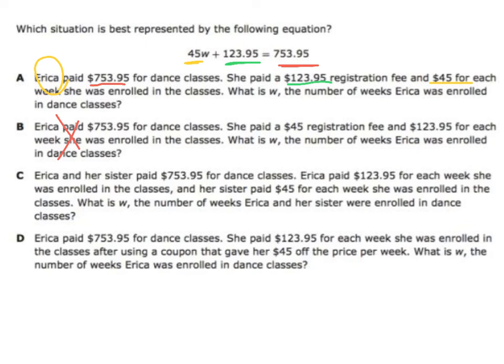She paid $123.95 each week. So that's, again, what you would be multiplying by. And her sister paid. So you're actually comparing what her and her sister paid. So that's incorrect. Last one, again, the total is the same, but our constant and coefficient are off. So that is incorrect. So the correct answer was A.